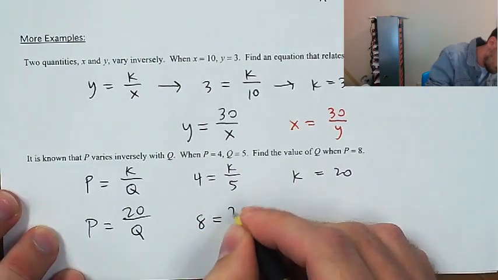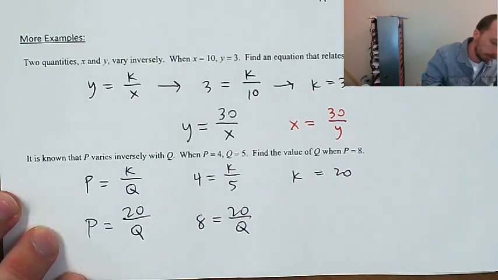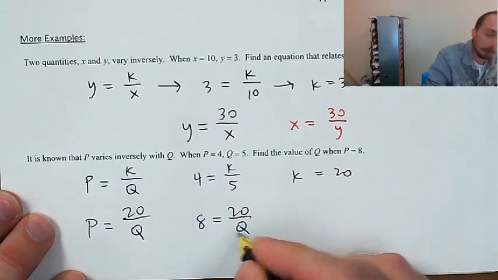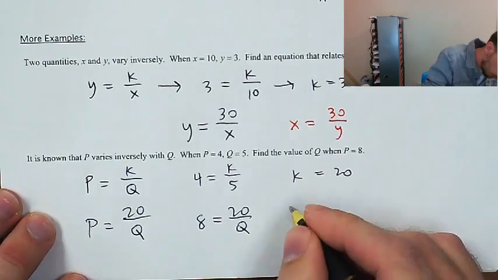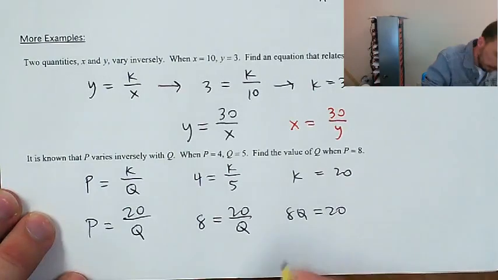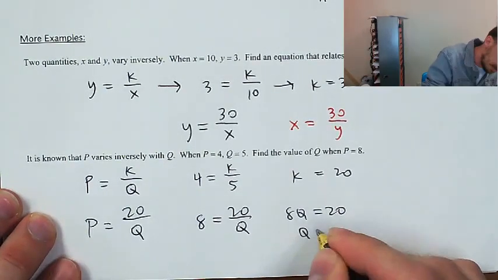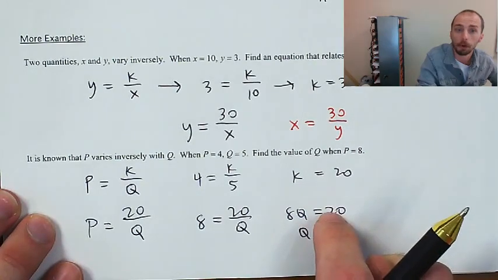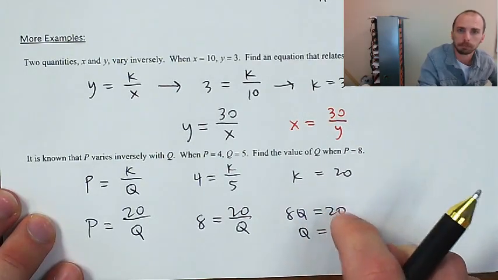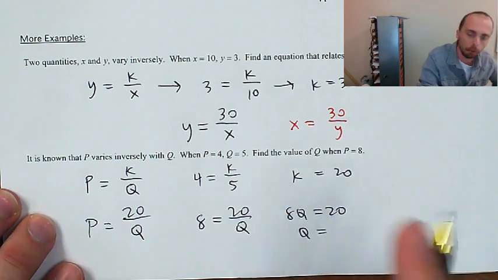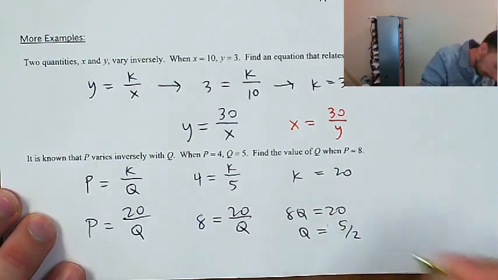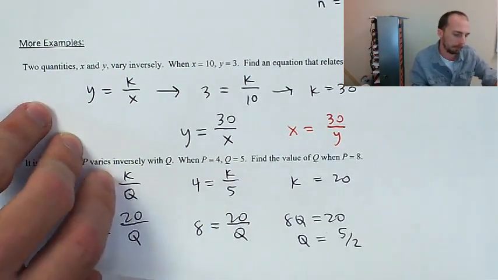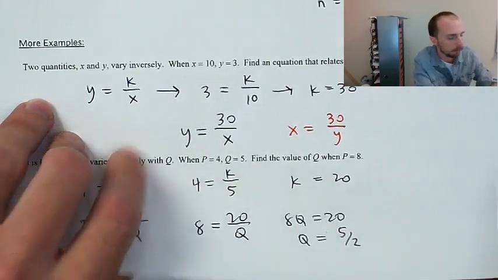So 8 equals 20 divided by q. And then maybe I'll multiply both sides by q. So 8q equals 20. Divide both sides by 8 and get q is 20 divided by 8. 20 and 8 are both divisible by 4, so that'll be 5 over 2. Yeah, 20 divided by 8 is 5 divided by 2.